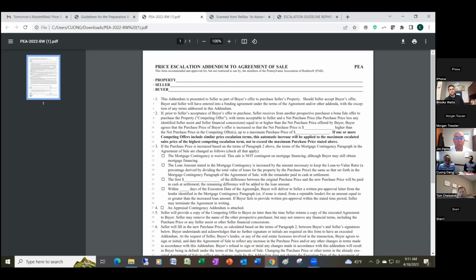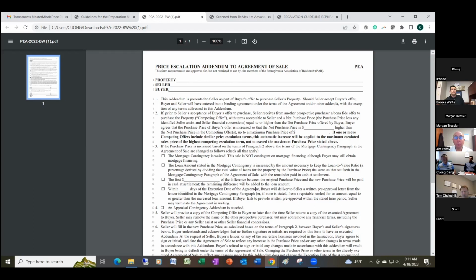If one or more competing offers include similar price escalation terms, this automatic increase will be applied to the maximum escalated sales price of the highest competing escalation term, not to exceed the maximum purchase price stated above.